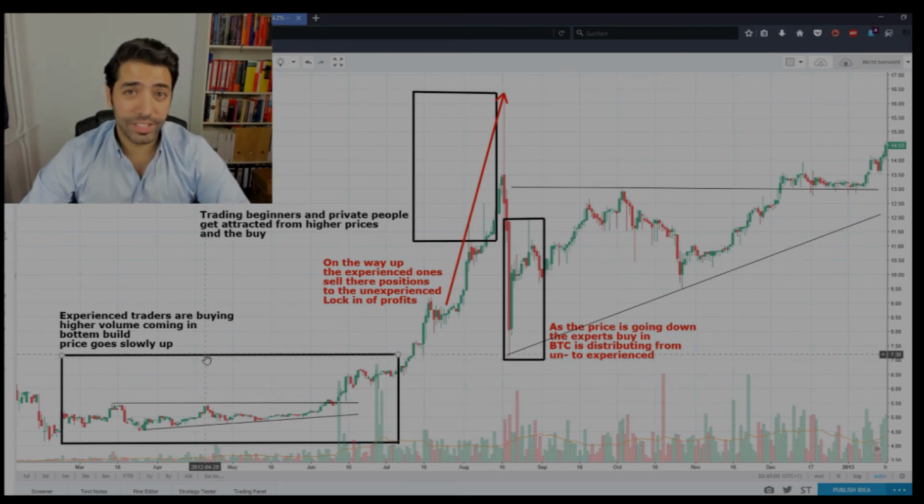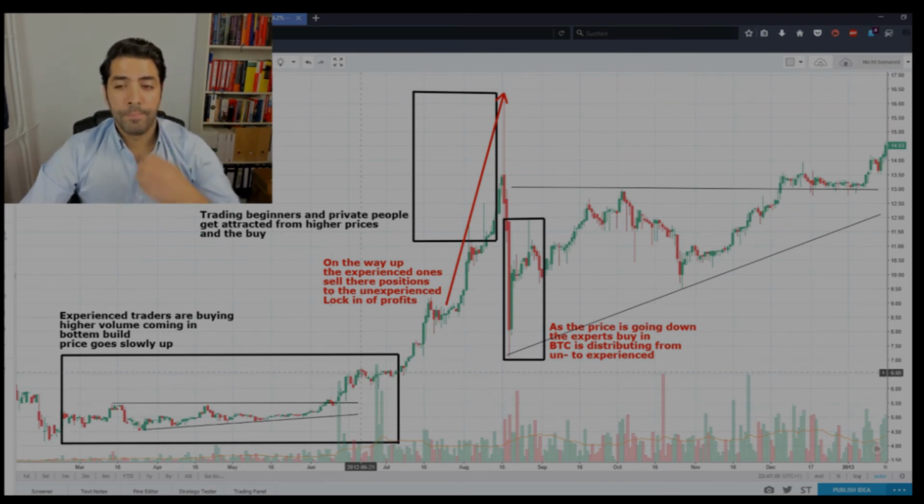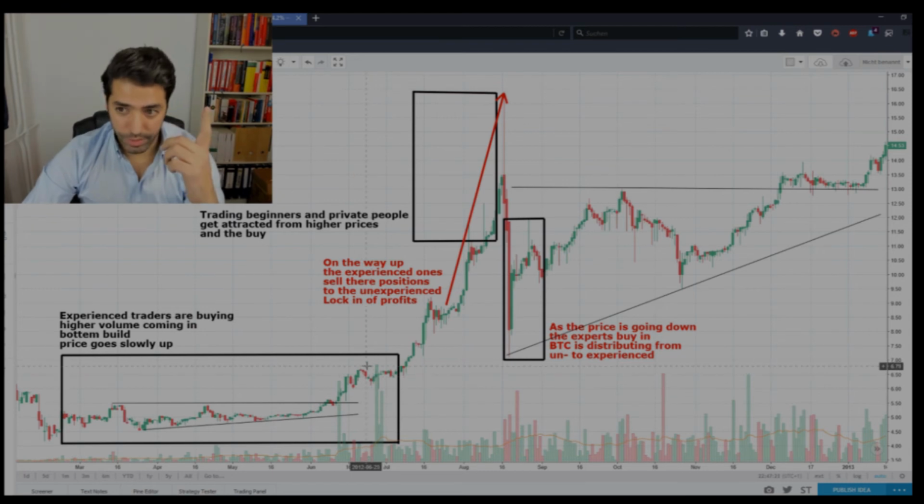But actually this is the time where you should keep an eye on it. After a major crash or a big consolidation or pullback time, there will be a consolidation, and then the time will come where the price is going up. So this is the first thing I want to tell you.